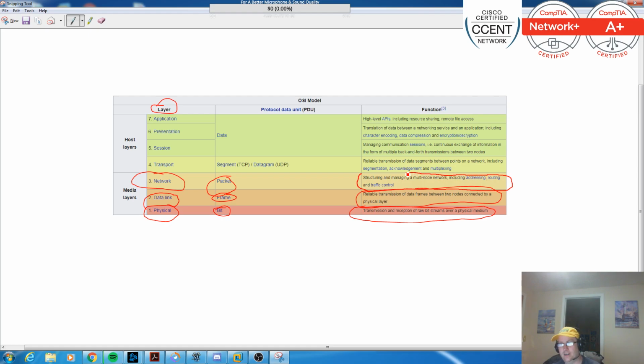Because technically layer 2 can be considered addressing with a MAC address. But layer 3, as you know, is an IP address, which people are more familiar with. Most people learn about IP addresses before they ever learn about MAC addresses.